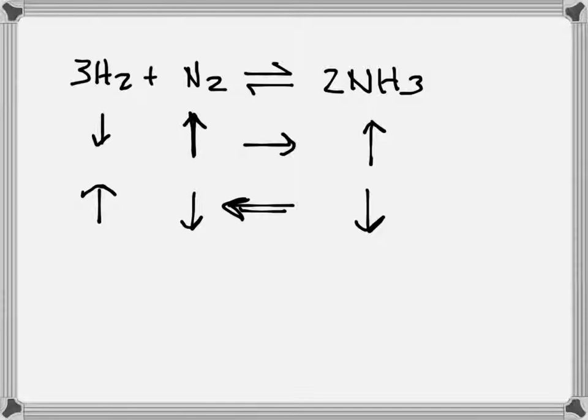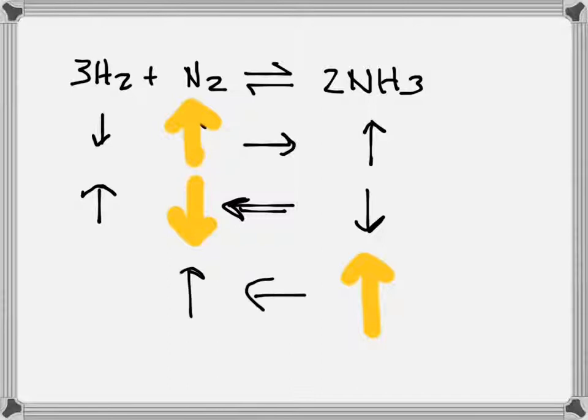If I added ammonia, this nitrogen doesn't go up. The yellow is what I am doing to it, in concentration, in the amount, and the black is what happens as a result of that. No. If I increase this, it will shift to the left, and both of these will go up in regards to the concentration level.